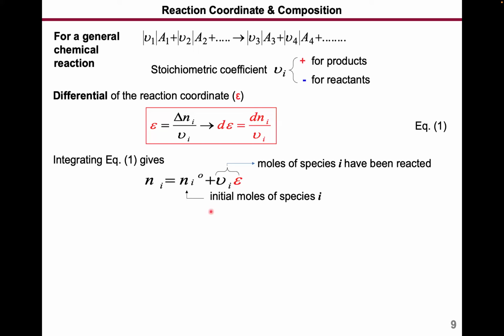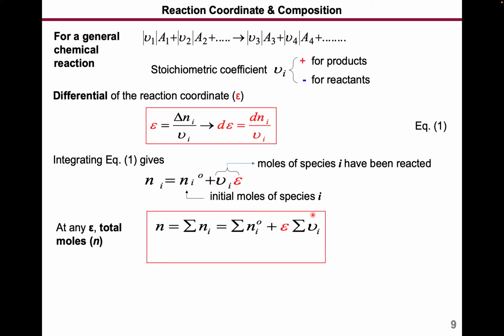So really this gives you a way to correlate how many moles of species are inside the system if you know the reaction coordinate and the initial moles of the species at the starting point of this reaction. And then this Vi, once you know the reaction, you can quickly find out your Vi values.